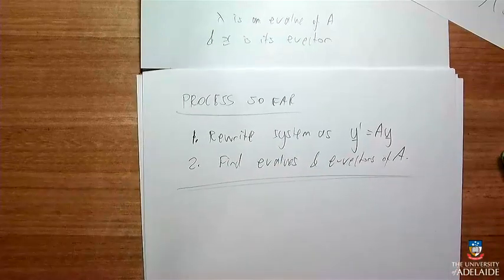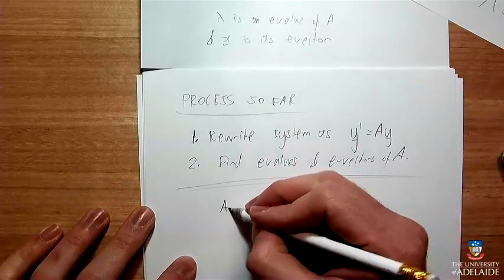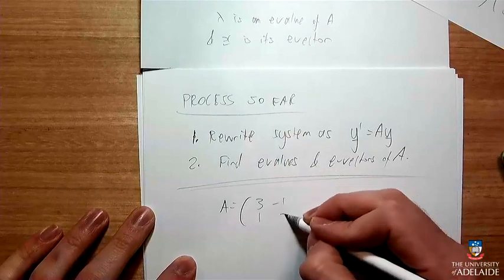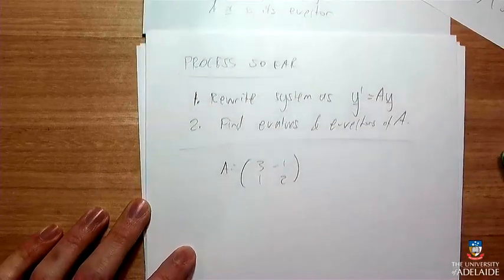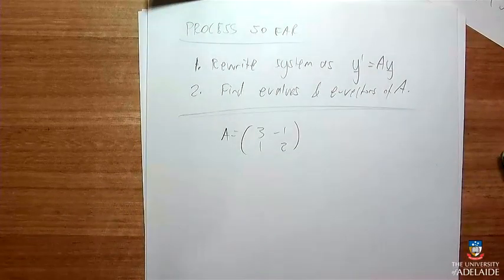So what we had was that our A was 3, 1, minus 1, 2. So we need to find the eigenvalues and eigenvectors of that. Your lecturer likes to do A minus lambda I. I prefer to do lambda I minus A. Won't make any difference, it'll come out the same.